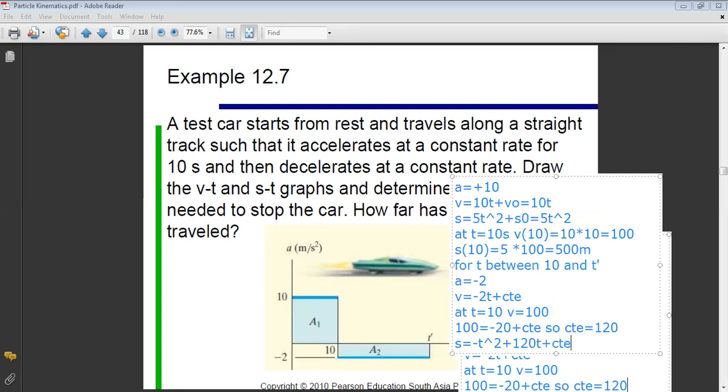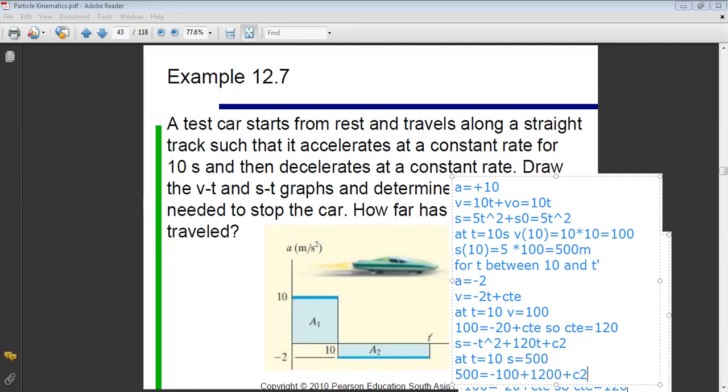Here also, to find the constant, let us call it C2. To find the constant for S, I also apply the boundary condition. So I say that at t equals 10, S is 500. So I replace to get the value of C2. I say that 500 is equal to minus 10 squared, which is minus 100, plus 120 times 10, so plus 1200, plus C2.